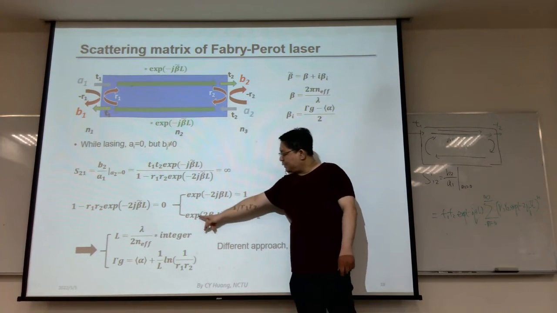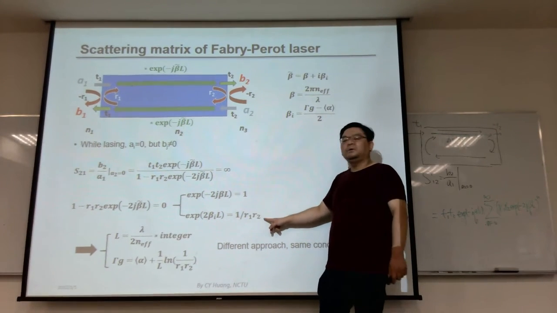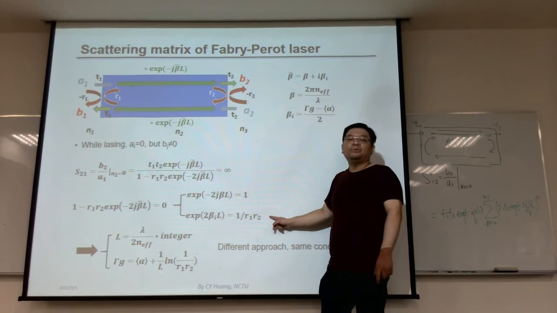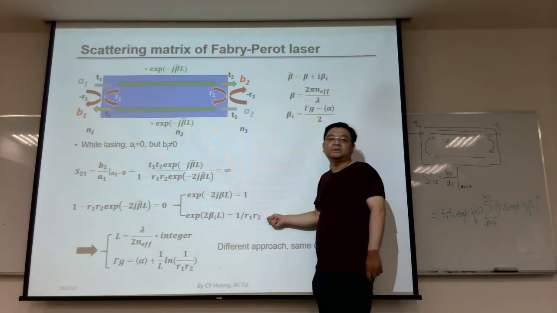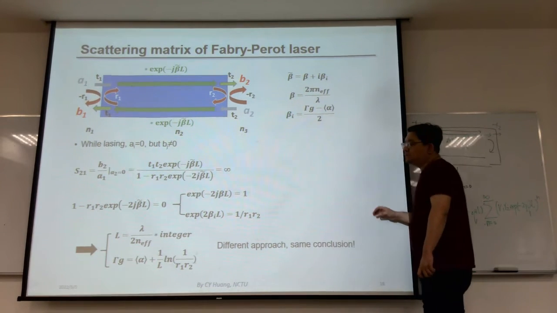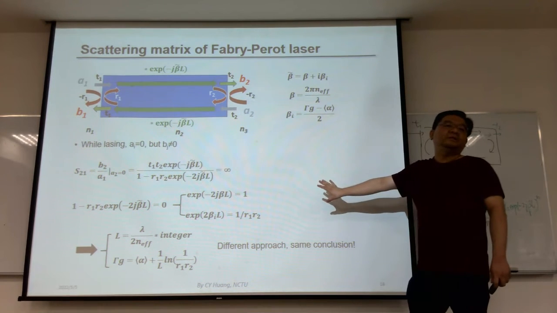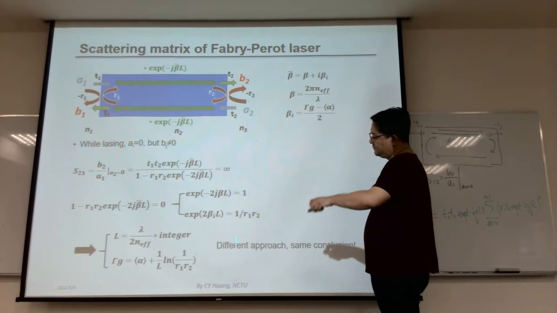Second, the exponential 2j beta L needs to be 1 over R1 R2. If you further deduce that, it becomes the threshold gain should be internal loss plus mirror loss. So you reach the same conclusion with a different formalism. Okay, so the result is here.